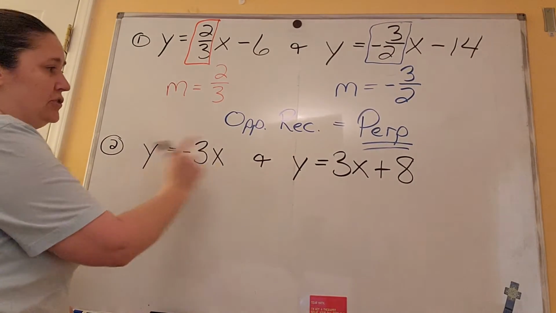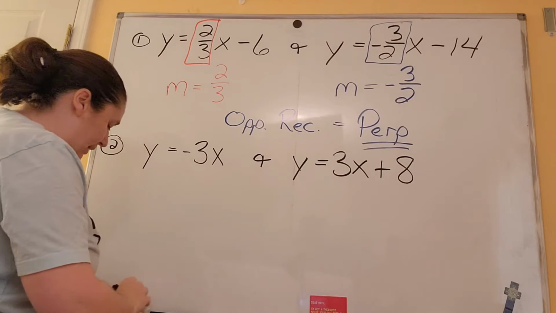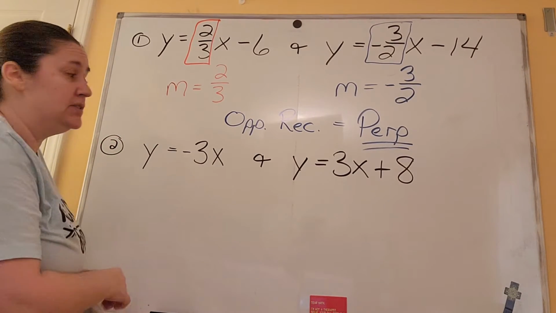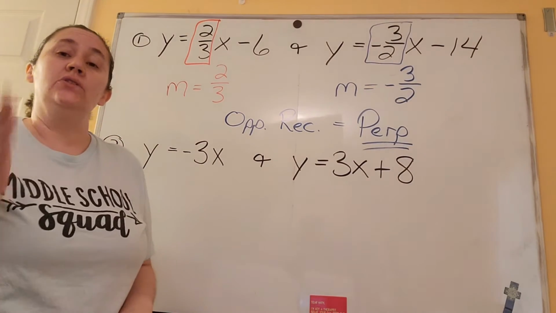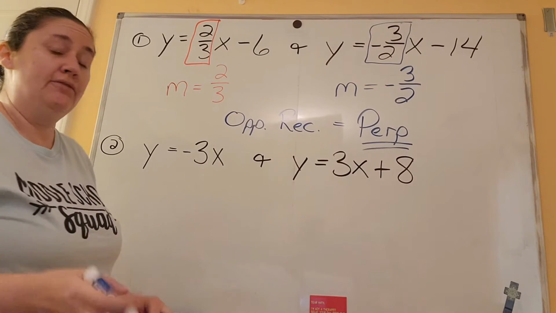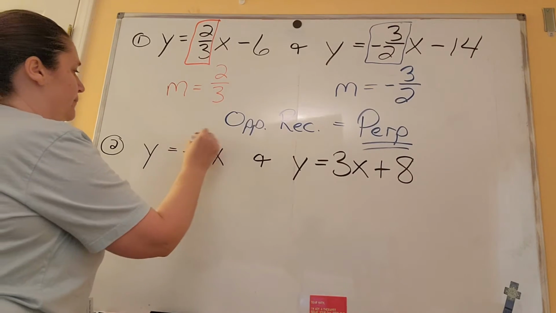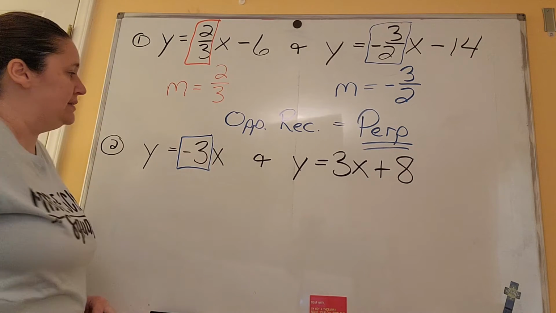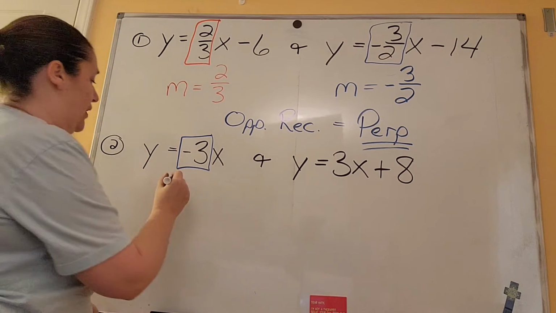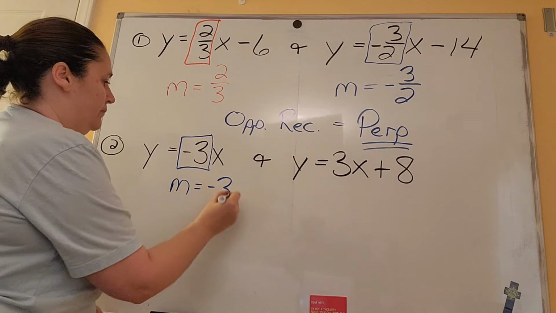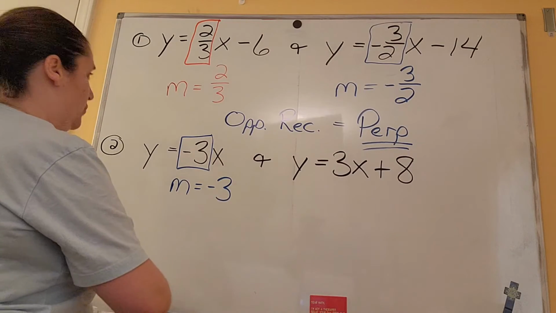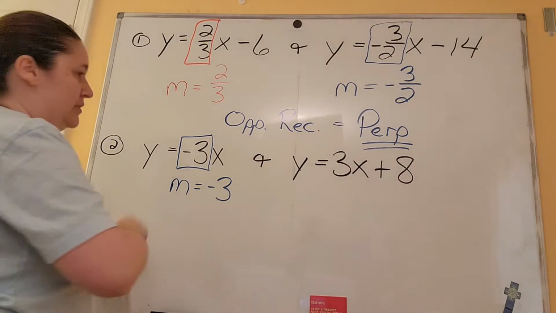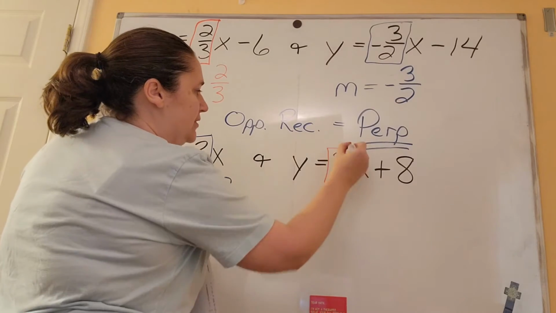Both of these equations are written in y equals form. They're written in slope-intercept form. So the slope will be whatever's sitting in front of x. The slope is negative 3 in this equation. In the second equation, the slope is positive 3.